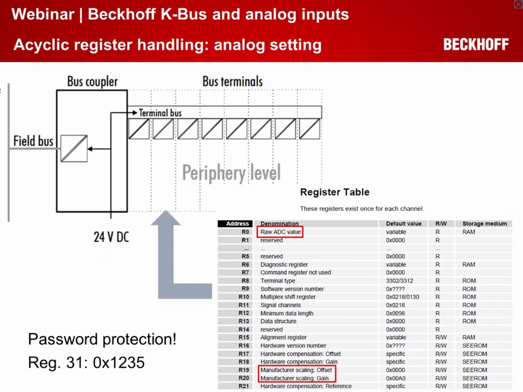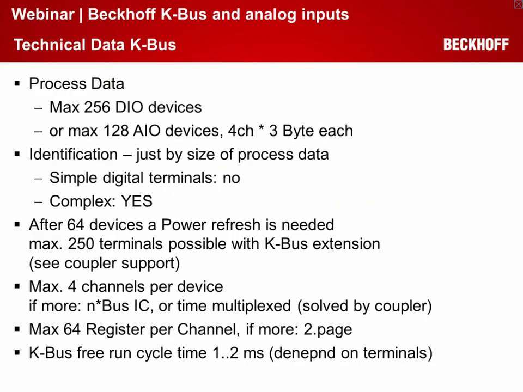Have in mind that some of them are password protected. The password 1235 is written in the documentation, and it's just a protection so that the values are not changed without really wanting it. So inside of these analog terminals you have a lot of these registers, and we are interested in getting access to them.